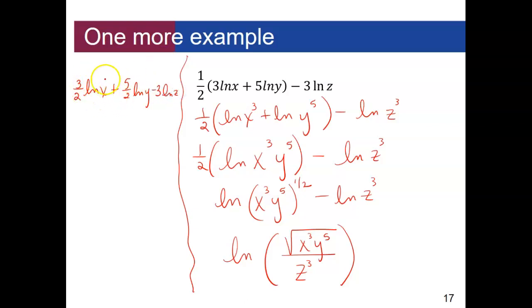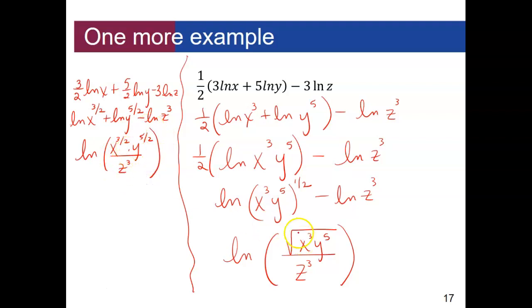Okay, here I can bring each one up as an exponent. And then I'm ready to combine these together. So I'd have x to the 3/2 times y to the 5/2 over z to the third.